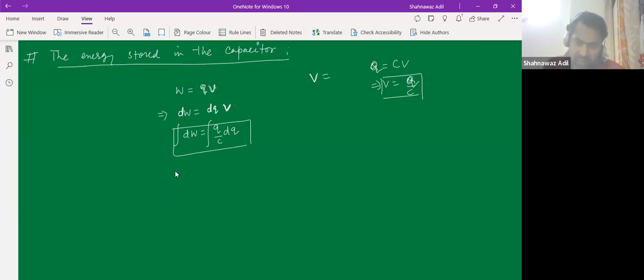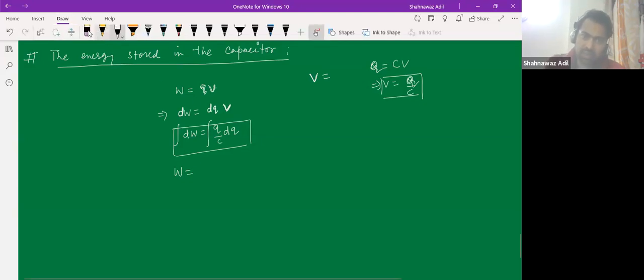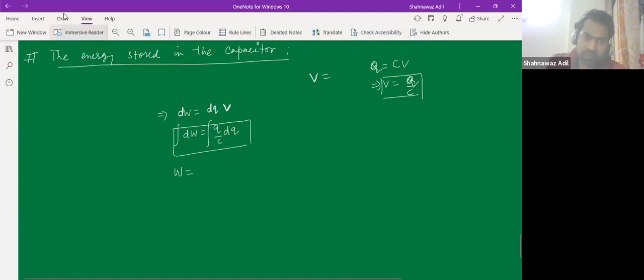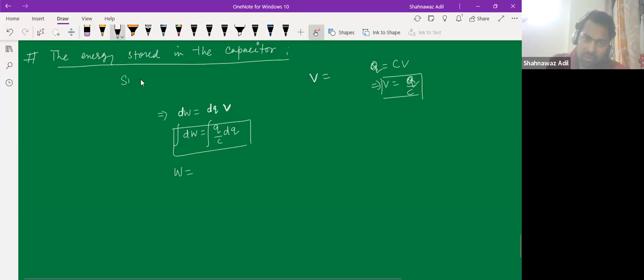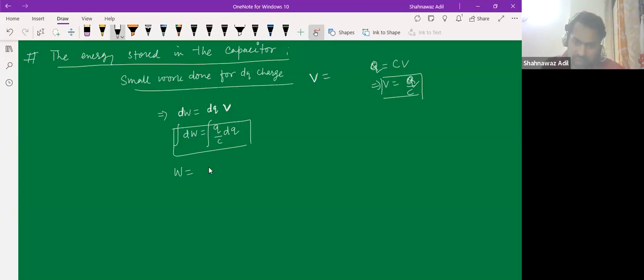If we integrate this, we get W. This was just to tell you the small work done for dq charge, so this is dW. And this capacitance is constant, so we can take it outside.